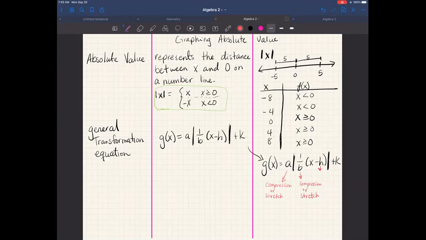This is moving right or left, and K is moving up or down.